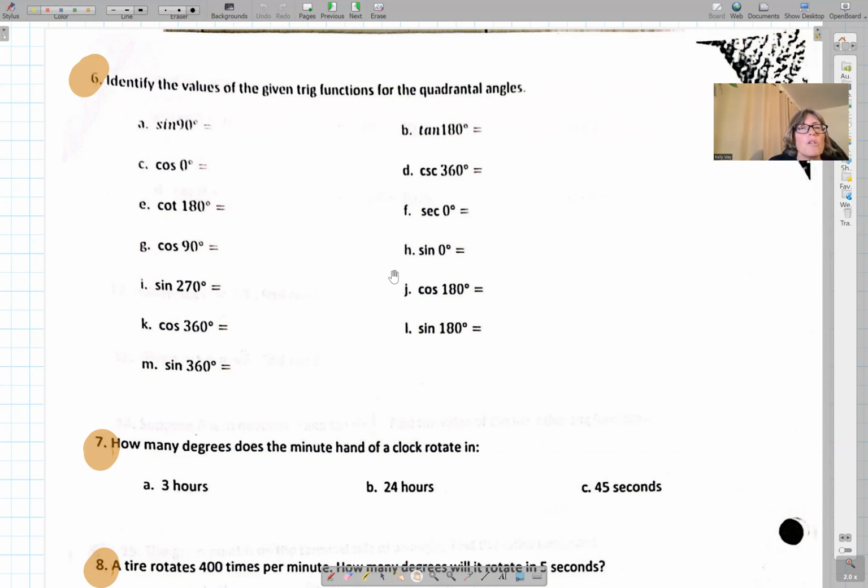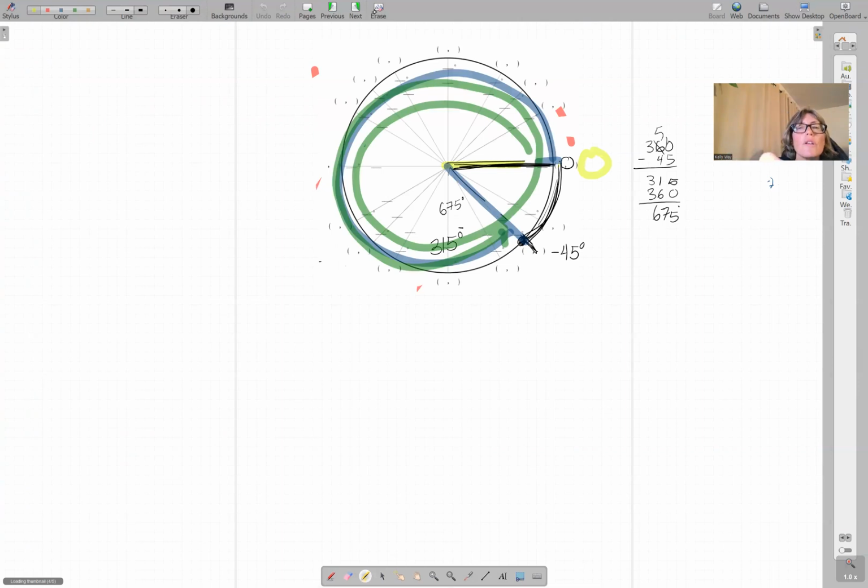Okay. So let's do sine of 90. What does that look like in a unit circle? Sine of 90.